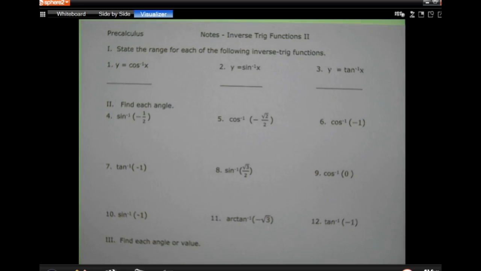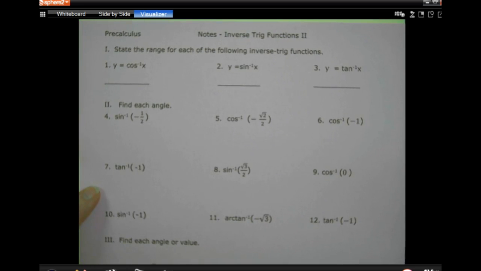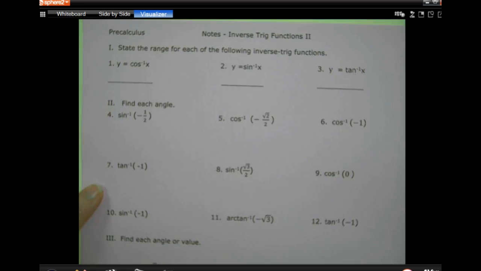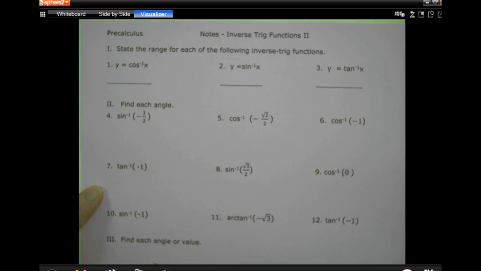1, 2, and 3, they're asking about the range for the inverse cosine, the inverse sine, and the inverse tangent. So the inverse cosine, what is the range? Look on your little blue paper. 0 to pi.